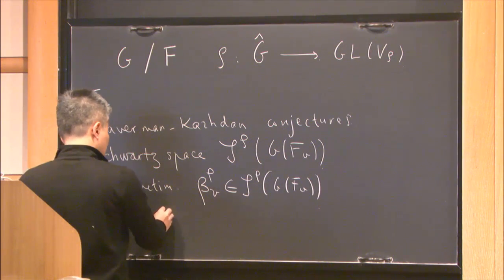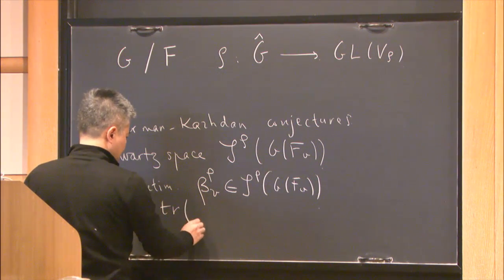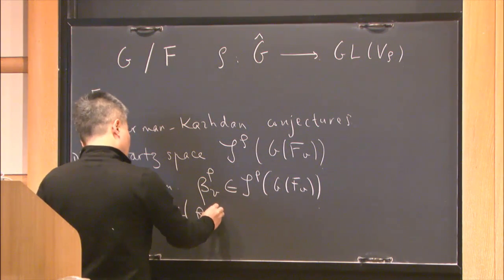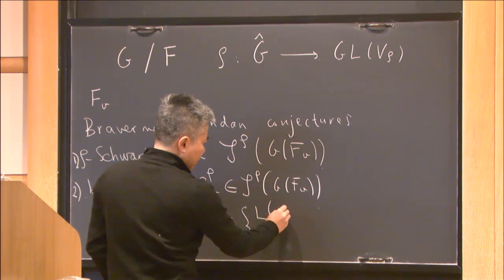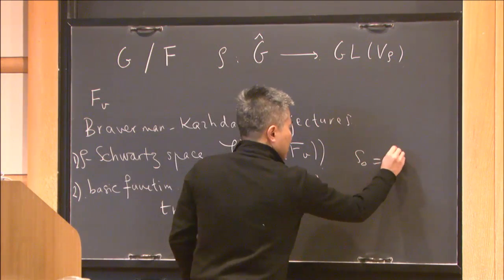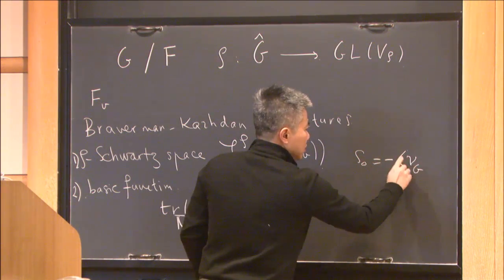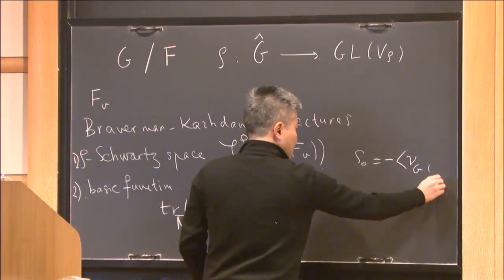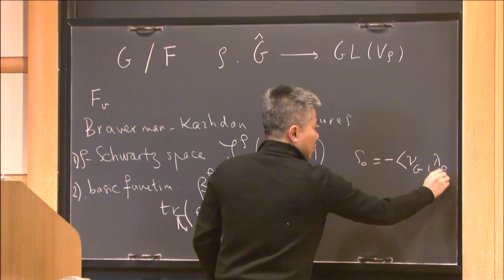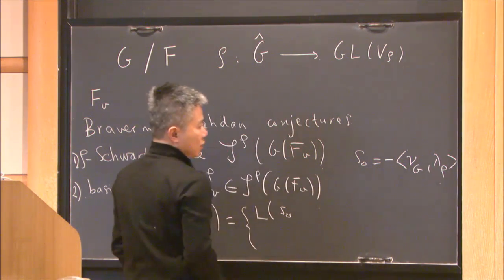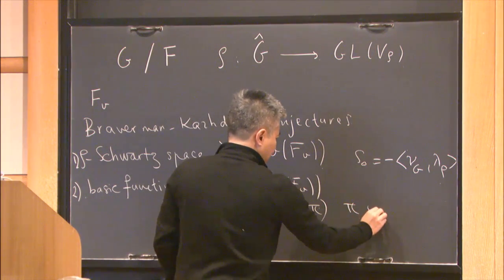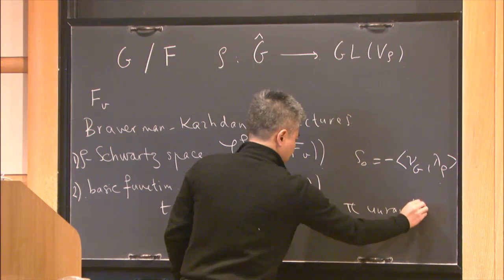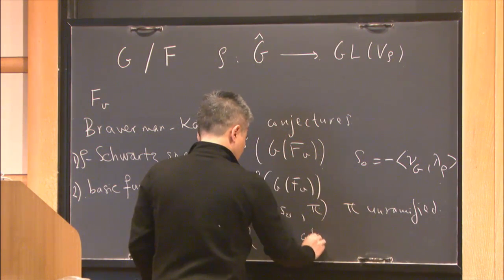Here s_0 is something like negative of nu_G, where nu_G is half the sum of positive roots against lambda of rho, and lambda of rho is the dominant weight of rho.